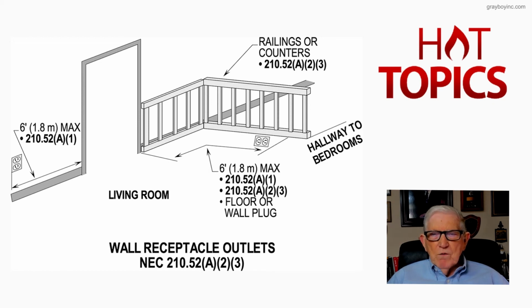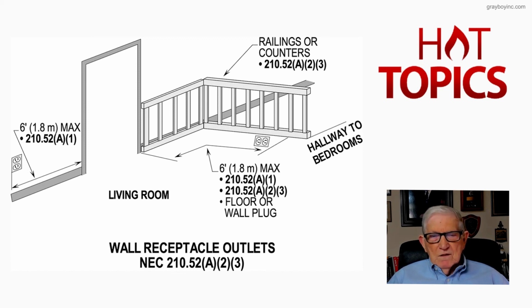But this, you can review on page 68, starting with 210.52, and you can look right through (A)(1) and (A)(2) item 3, and you can pick up this rule. And this is in the living room, as you see, where you would have railings or counters, and then you have wall space.